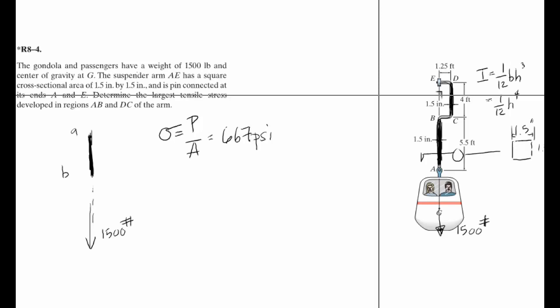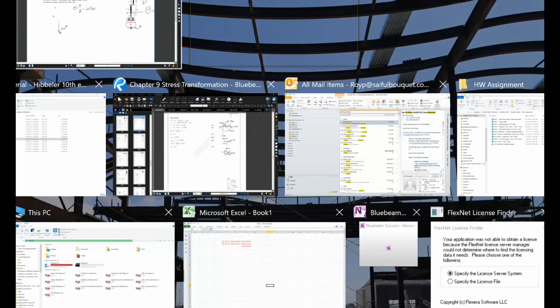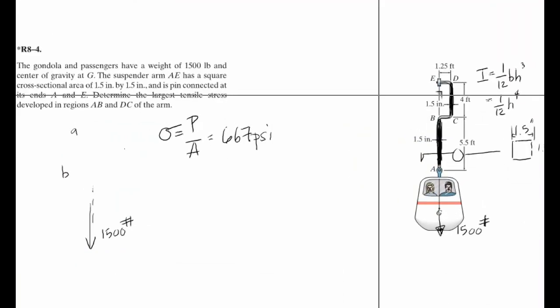The question is, as AB shifts over, you introduce what we call an eccentricity, that's an E. Whenever you do that, you've got a moment, because you have a force times a distance.